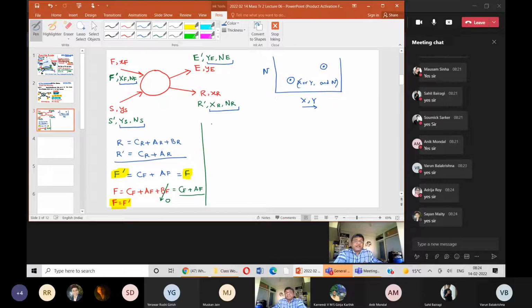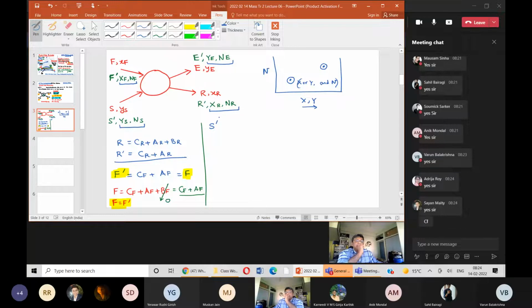Similarly, what about S dash? People, tell me what is S dash? Varun? Rishi Yaravar, are you there? Vardhan, are you there? Jyotiraditya, are you there? I will check the attendance list.